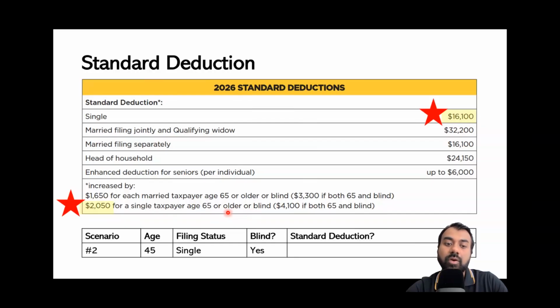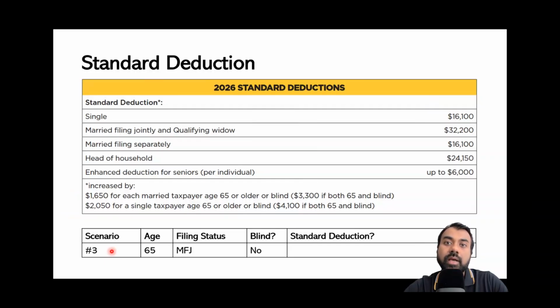So this person, although they are not 65 or older, they are blind, and that's why they get this one additional standard deduction of $2,050. So they have this regular standard deduction of 16,100, and they also have this additional standard deduction of $2,050. We add them up to get our total standard deduction for this person, which is $18,150.